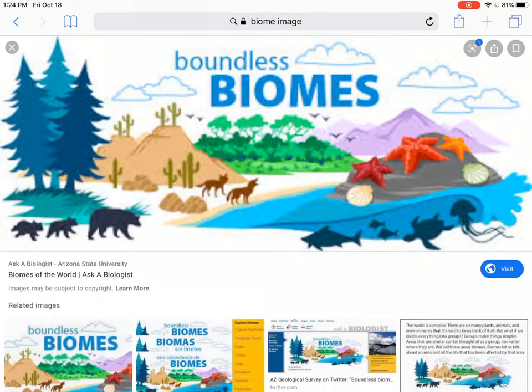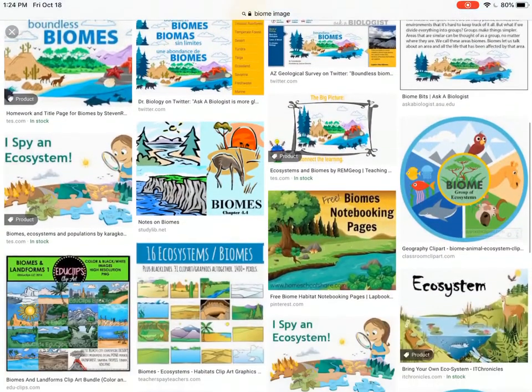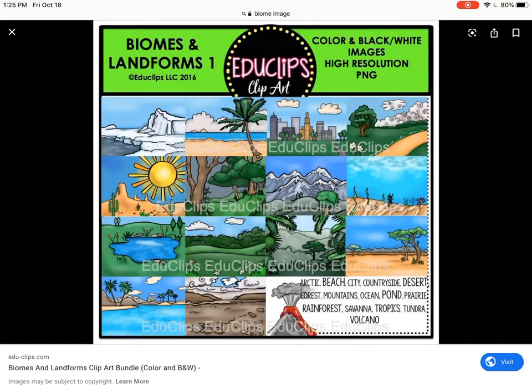Here's one. This is the one I'm thinking of. So if you look at this picture of a biome, you have lots of different areas. You have the forest, the desert, the water, the mountains, even the clouds. You've got different areas around in this picture. Those are different biomes. And let's see if we can find, that's a good one also.